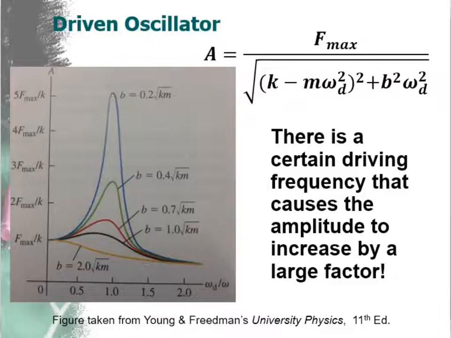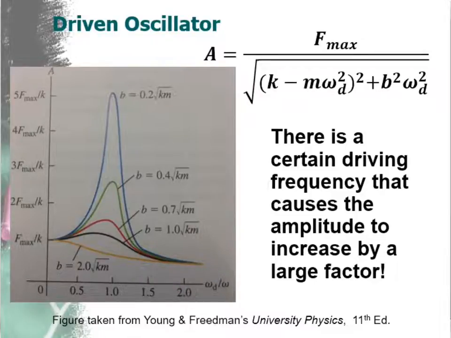And what's interesting is that if you plot this as a function of your driving frequency, it has a shape that looks like this on the left. So it starts off at some value, but then when you hit a certain point, that amplitude actually increases greatly and then decreases again, and it looks like it decays here.